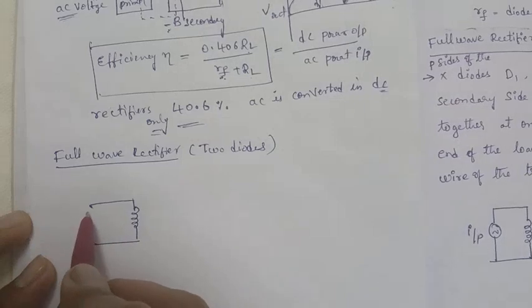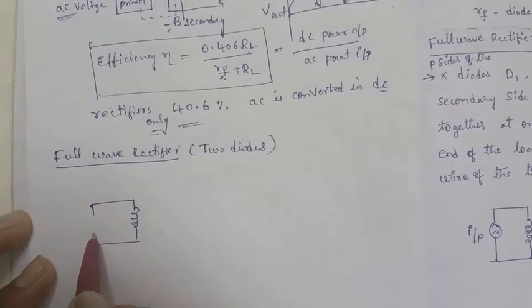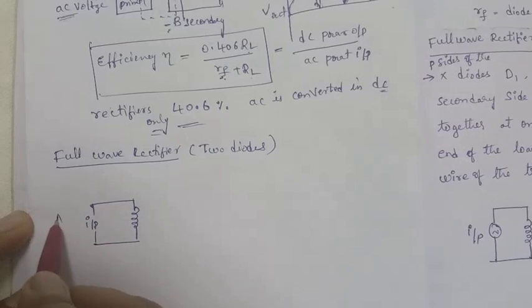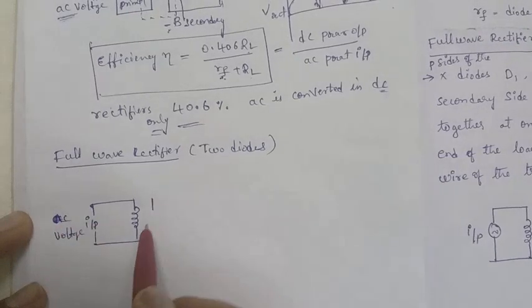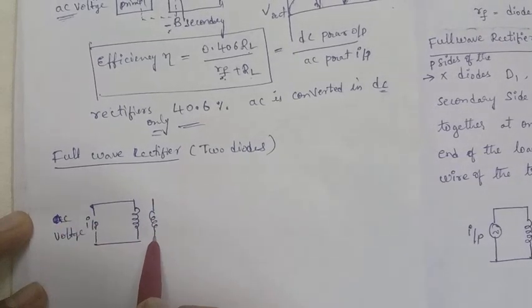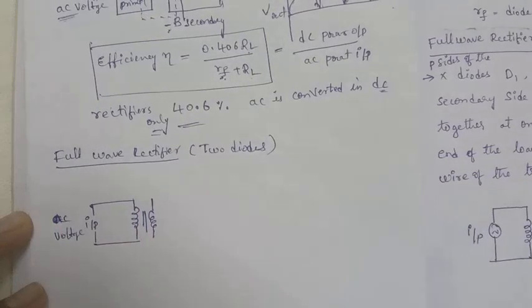To the primary part you are giving the input. Input is AC voltage. Here you have to give the AC voltage. And then the secondary of the transformer.